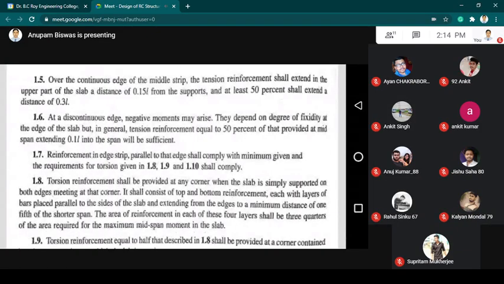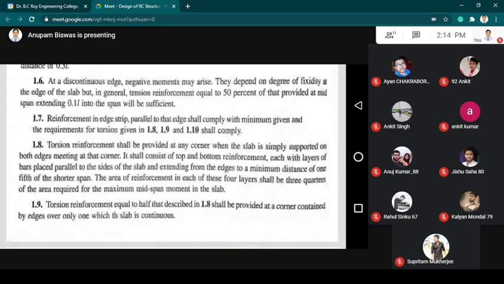Section 1.8 tells that torsional reinforcement shall be provided at any corner where the slab is simply supported on both edges meeting at the corner.